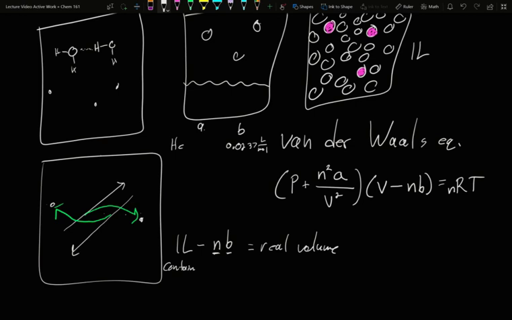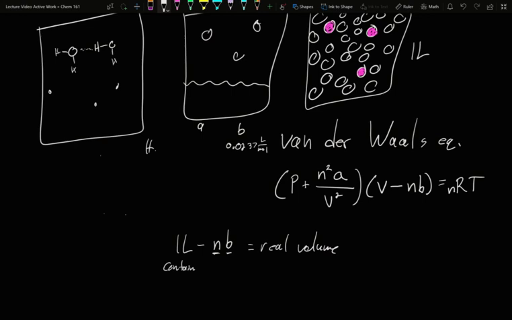Helium also has an A value. So helium's A value is 0.034, and the units are atmospheres liters squared per mole squared. What's happening with the A value, if we go and look at our pressure component?